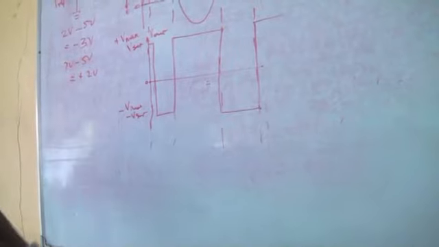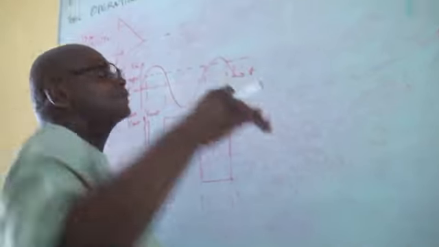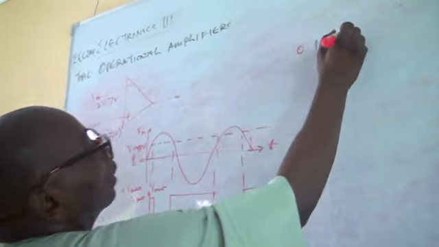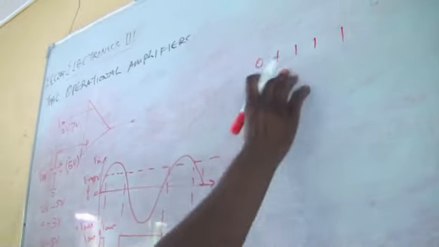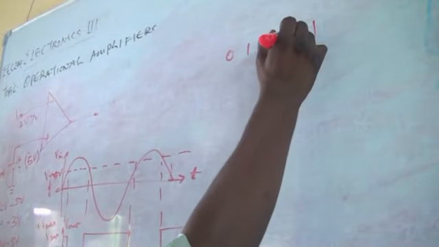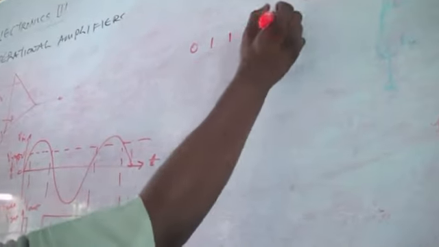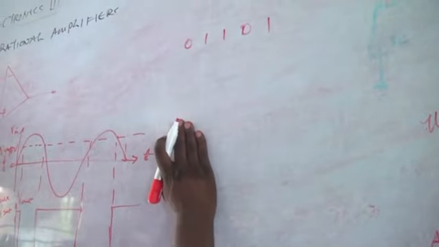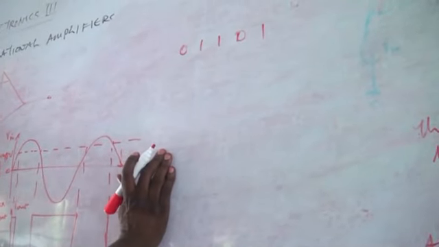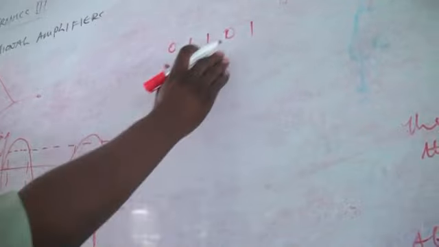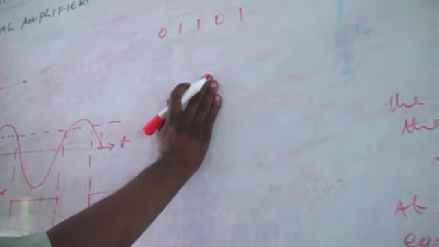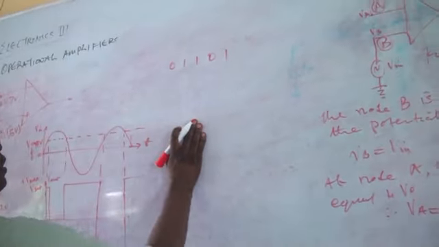For instance, you have something like this. 0, I'm just giving you a reference of something. 1, 1, 1, 1. If you want to get this number, first of all, this is a binary, you want to change it to decimal, right? Yes. Or you want to draw the waveform of this very number you see on the board.